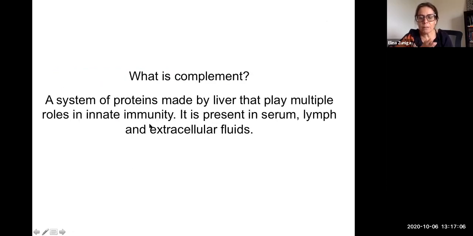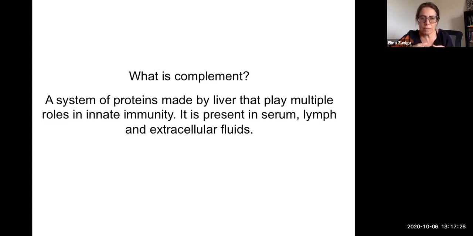As I said, the most predominant soluble proteins are the complement system. This complement system is a group of proteins that are made by the liver and play multiple roles in innate immunity.